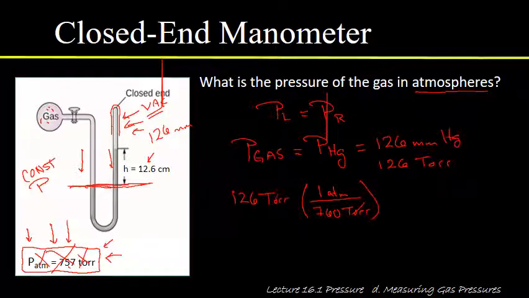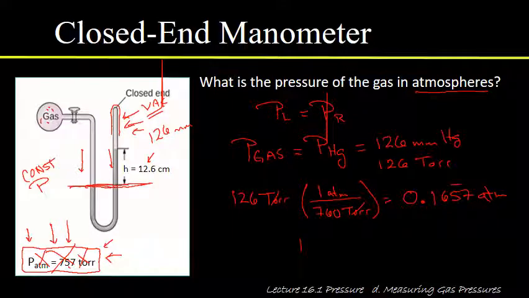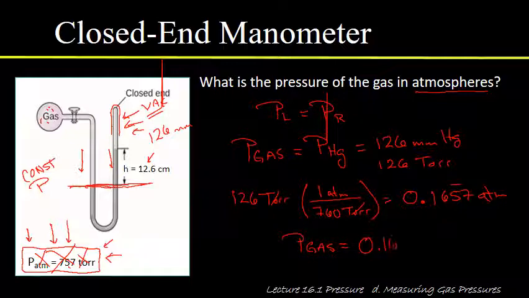Units cancel out, and we get 0.1657 atmospheres. And since we had 3 significant figures in our original data, we should round that. So the pressure of the gas in that little vessel is 0.166 atmospheres.